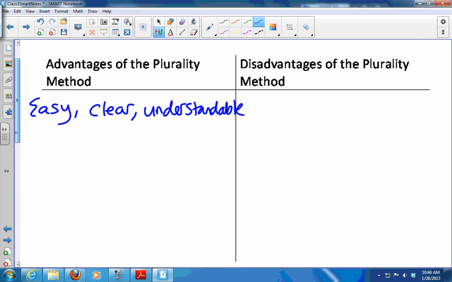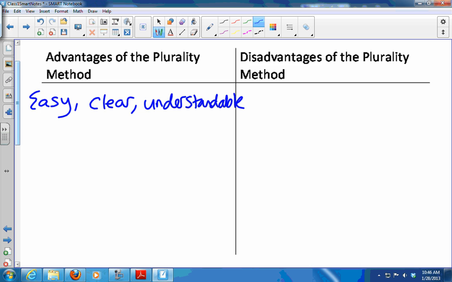Now, can anybody come up with a disadvantage? Any reason that's not? You can win without a majority, yeah. And in fact, when there are a lot of choices, like let's say there were 10 choices, you could win with a very small percentage of the votes, right?